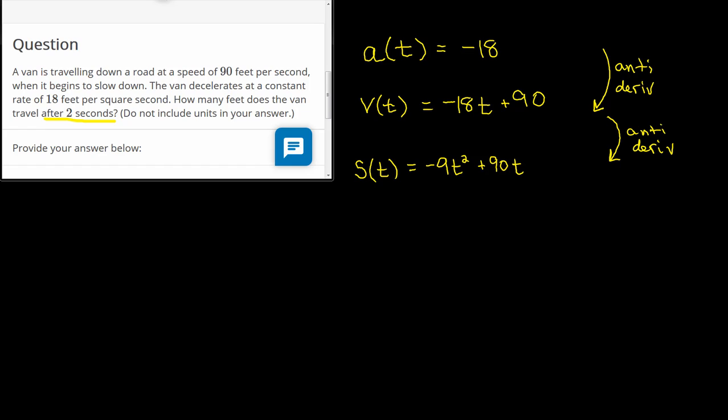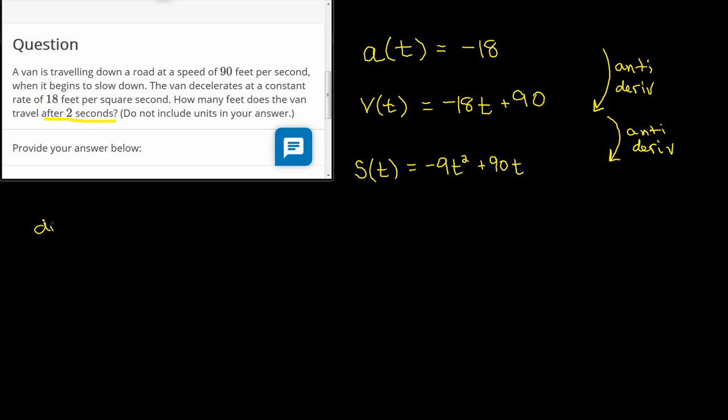So, all right. So let's see here. Now I want to know, how far does my van travel after 2 seconds? Okay, so now I have my position function, and the position function tells me about the position of the van.